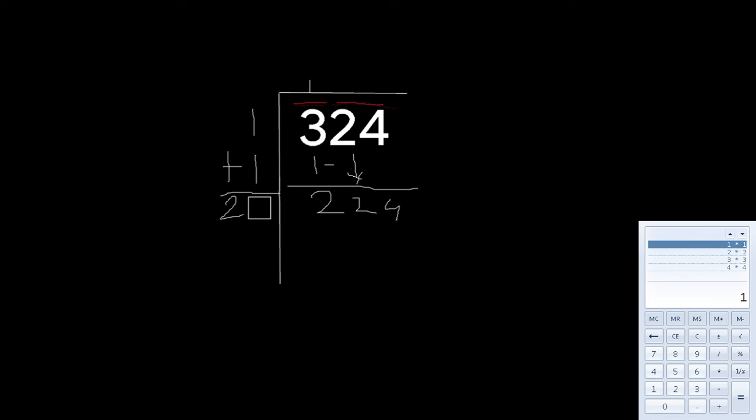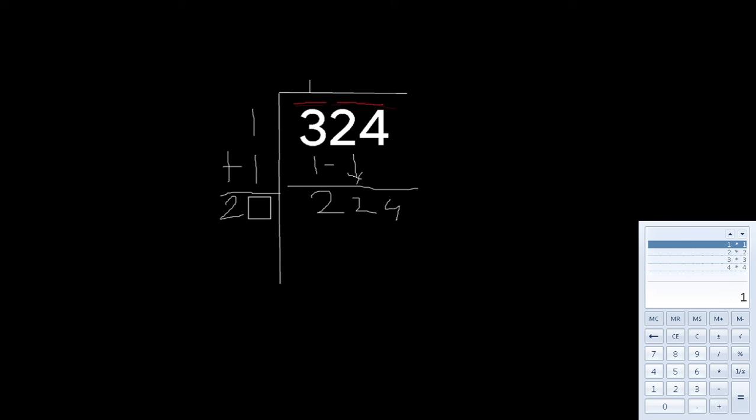Now we have to find a number, maybe 21, 22, 23, such that when you multiply, we get 224. Otherwise, you can still continue like we did in the first stage, and just keep on going.